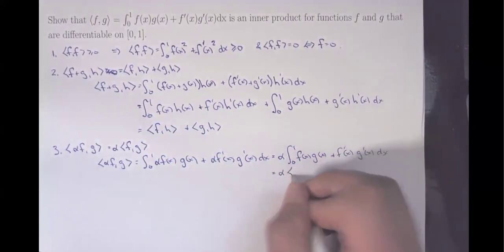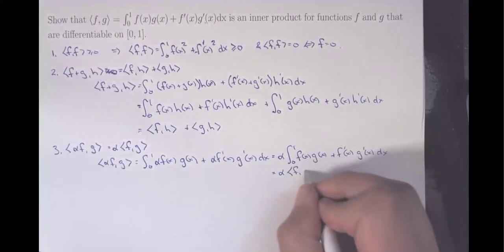So that's alpha times the inner product of f with g.